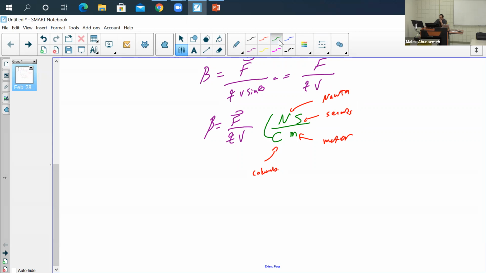Now, let me just close this. Your newton seconds per coulomb meter, that's what we call the tesla. We give it a big letter T, which is your tesla.